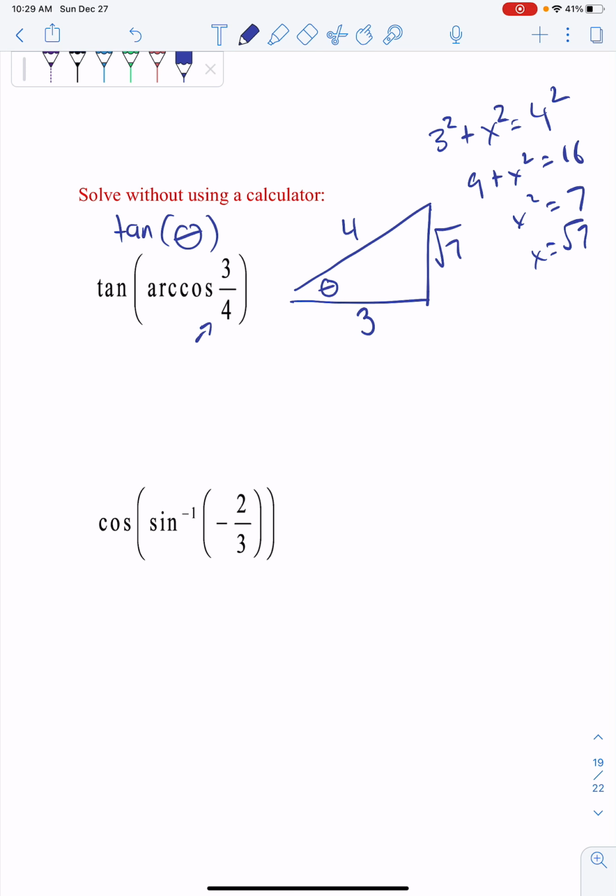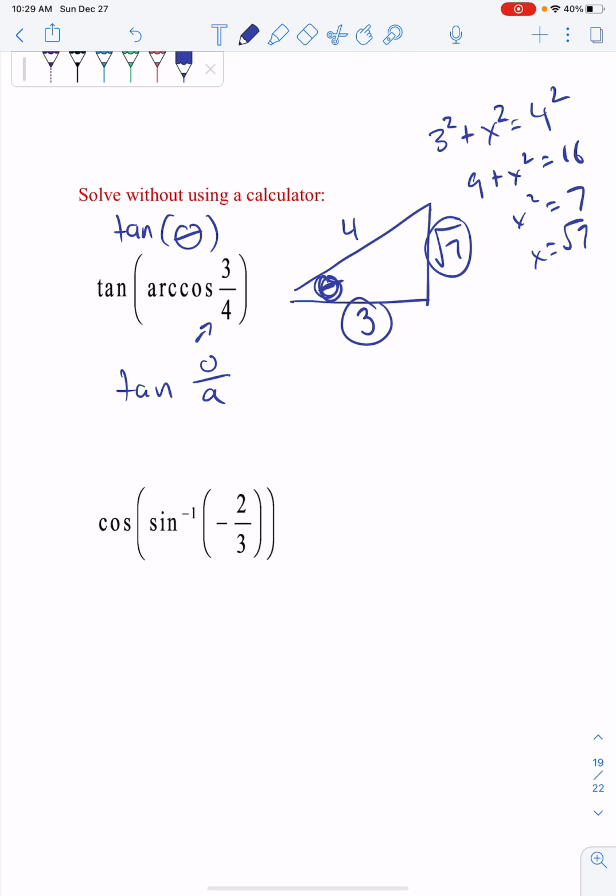That's my third side. Now going from there, I still don't know what my angle is, but I don't need to know what my angle is because I'm just taking the tangent of that angle. Well, tangent is just opposite over adjacent. Remember SOHCAHTOA, tangent's opposite over adjacent. So this is my angle. The opposite is root 7.